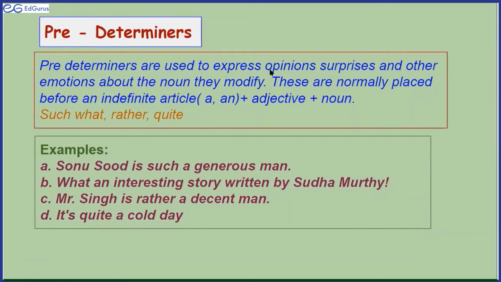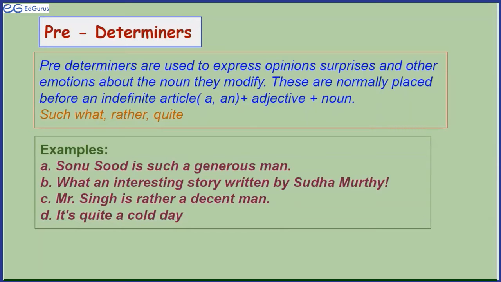They are used to express opinions, surprises, and other emotions about the noun which they modify. These are normally placed before an indefinite article. Indefinite articles are a and an. As I just told you, before an article plus adjective plus noun, how it is, that I'll tell you. Okay, ma'am.